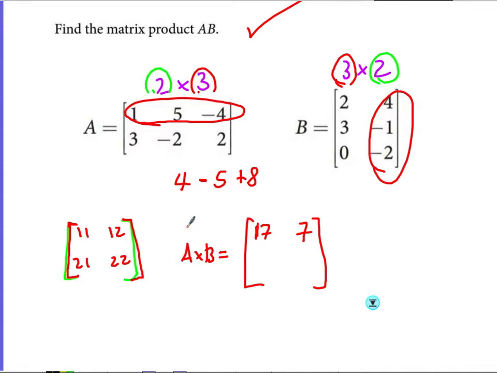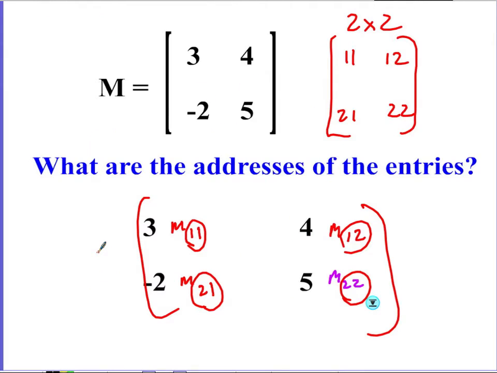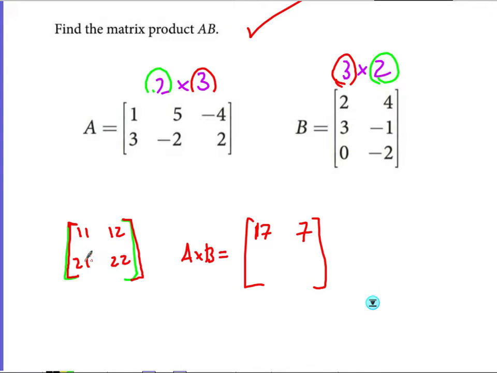Okay. I can go ahead and erase this. So can you see how we're using the addresses that we got from here, and instead of using them as addresses, we're using them as a guide to know what we're multiplying together.